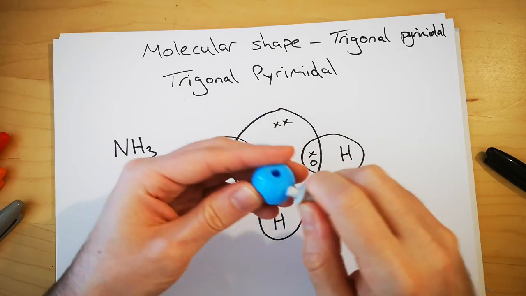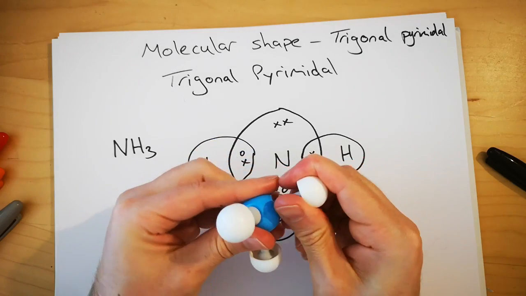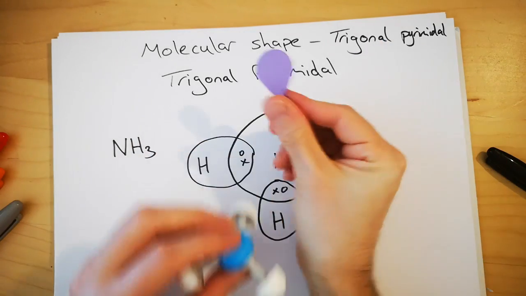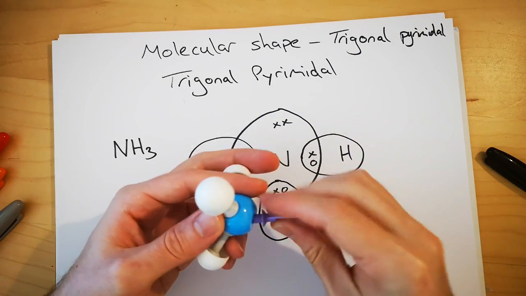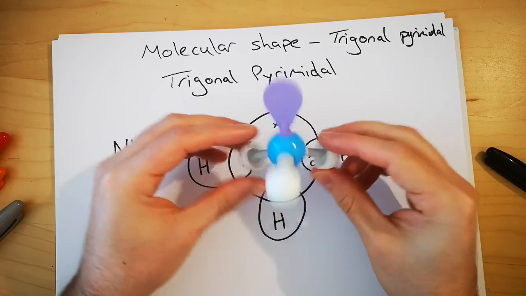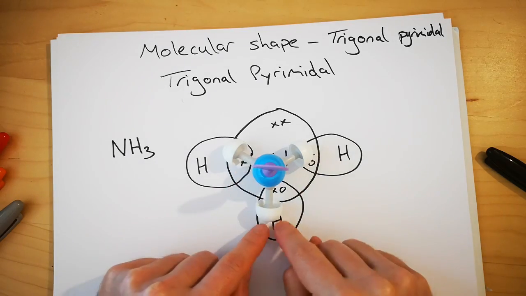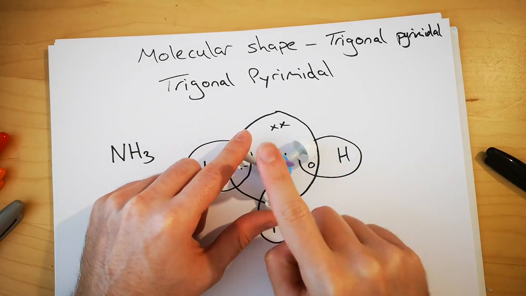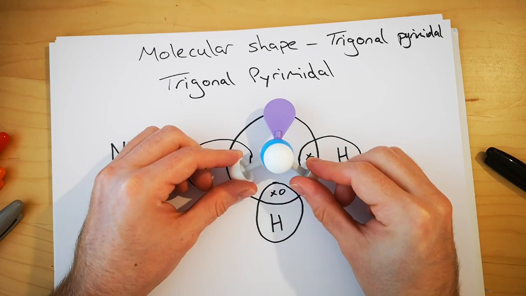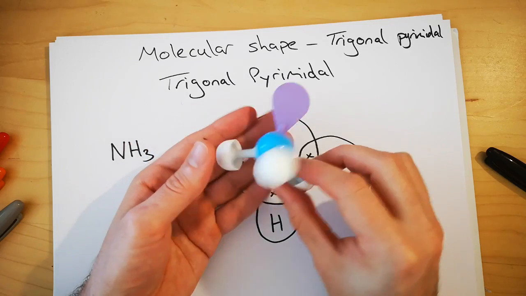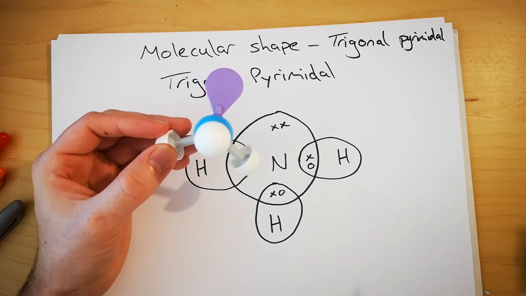So what I'm going to do is bond our hydrogens in, and I'm going to represent the lone pair up here with this little lone pair symbol. Now, if we've got our hydrogens out in our plane here, our lone pair is actually in the wrong position. So we've got to show this like that. This is a little bit tricky to do using this type of diagram.